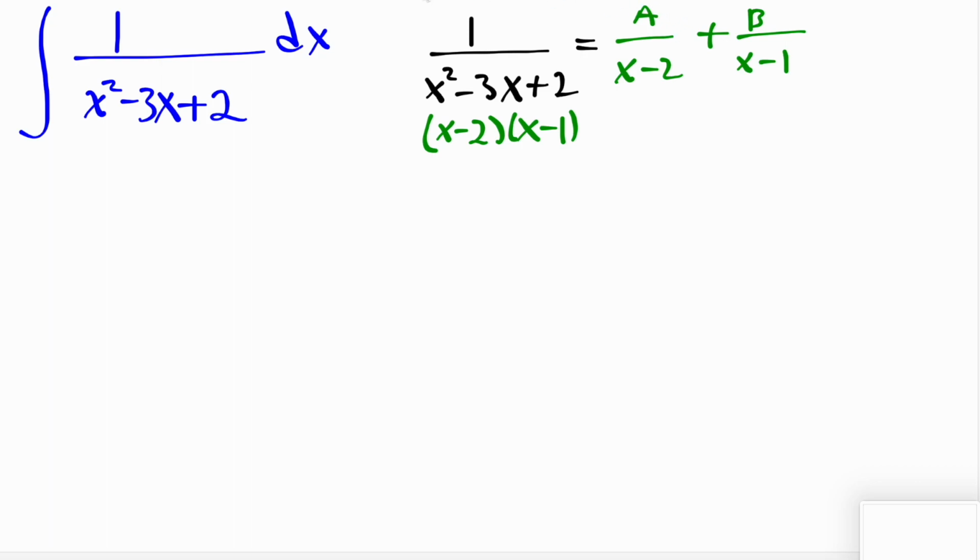Now we'll quickly get a common denominator here. So we'll need to multiply the right side with, as you know, x minus 1, and the top as well. And the other fraction will be multiplied with x minus 2.